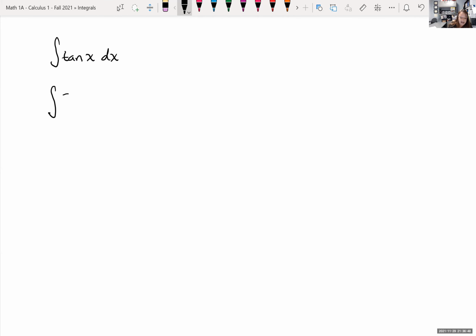Tangent of x is the same thing as sine of x, all over cosine of x dx. So we want to choose u to either be sine of x or cosine of x. And if you don't know, then just choose one and you'll see if it falls out or not.